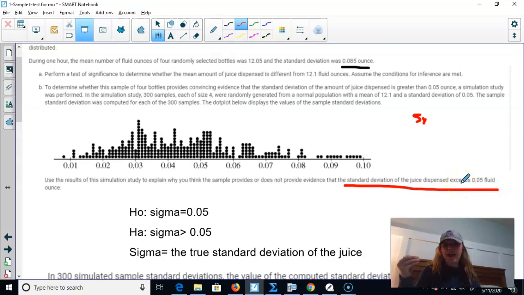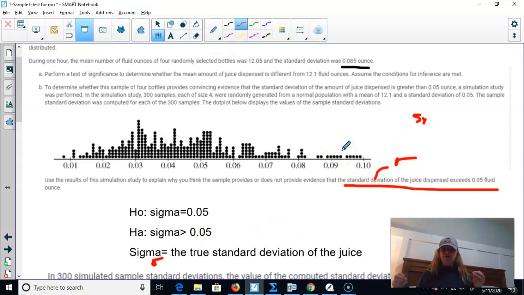That's what we're trying to find evidence for, and that's why I have sigma, which represents the standard deviation, is greater than 0.05. Since I'm trying to find evidence for that, my null hypothesis has to be sigma is equal to 0.05. What is sigma? The true standard deviation of the juice dispensed.